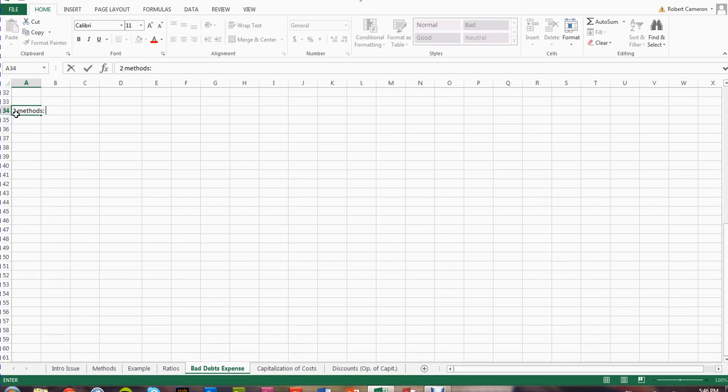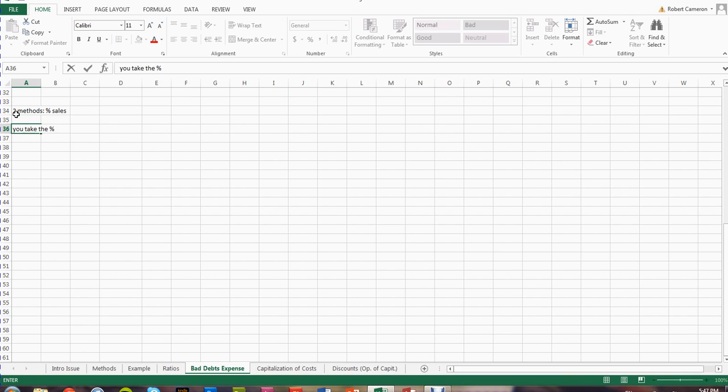One is the easiest method, and it's just percentage of sales. And this is exactly what it sounds like. You take the percent that you think will be uncollectible, and that's really just based off of management. Management may say, 5% of the sales that we have that aren't paid to us in cash are going to be uncollectible.